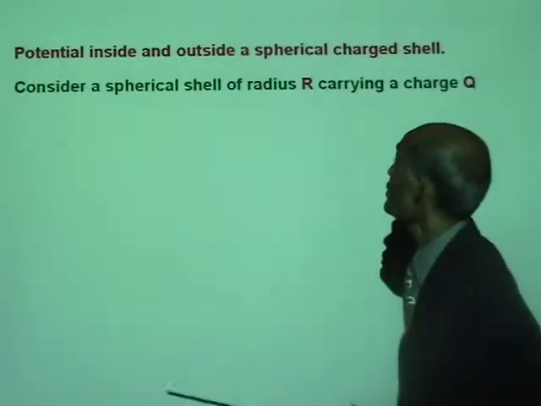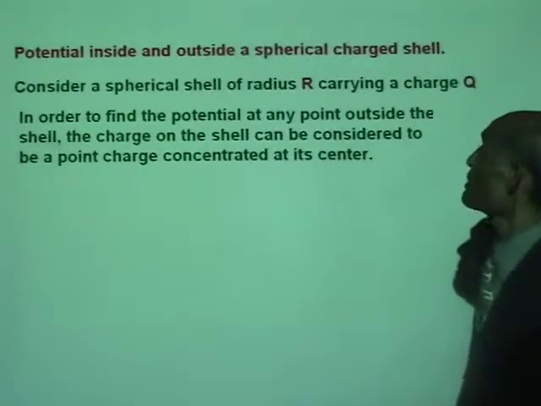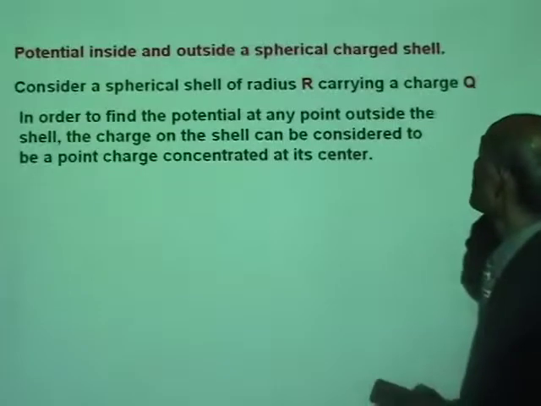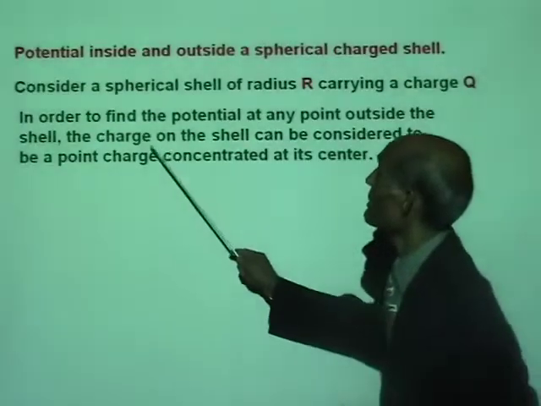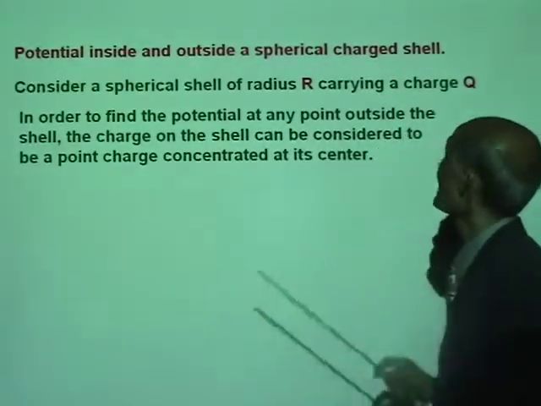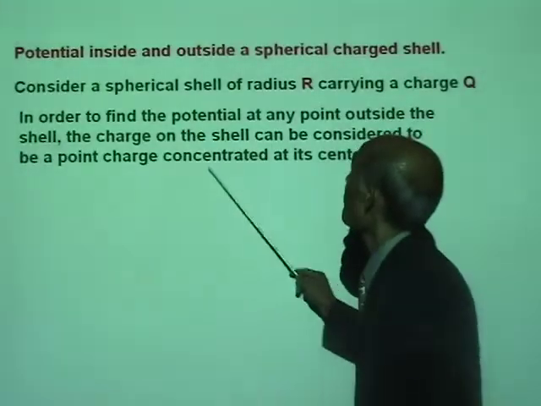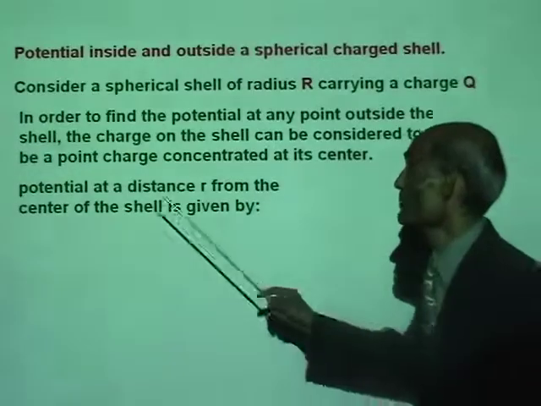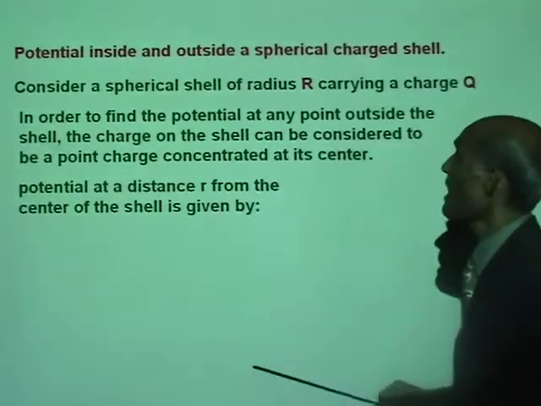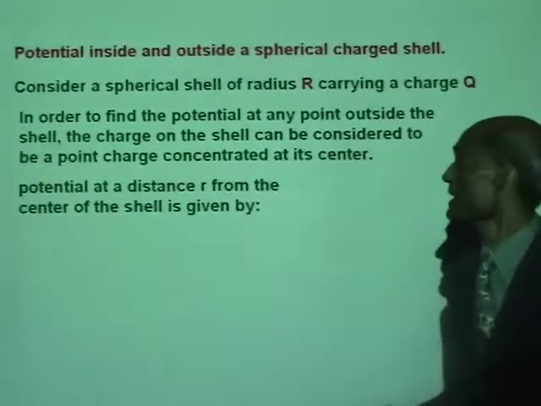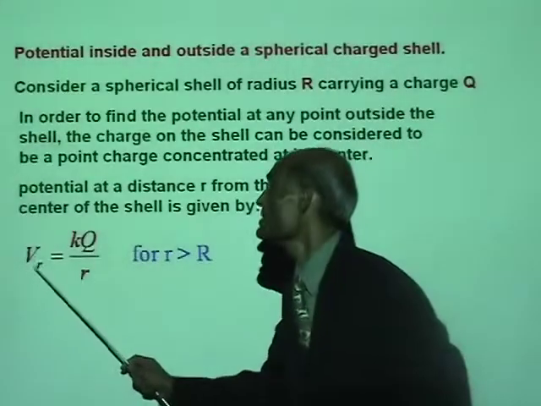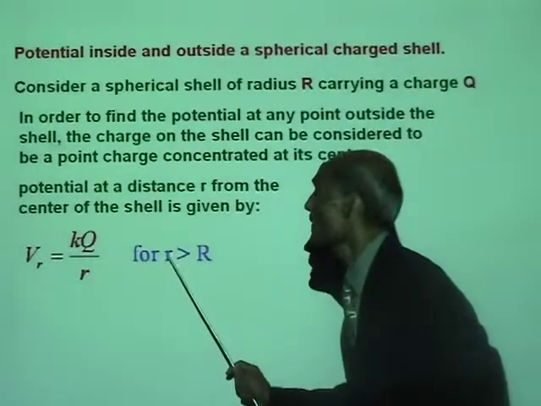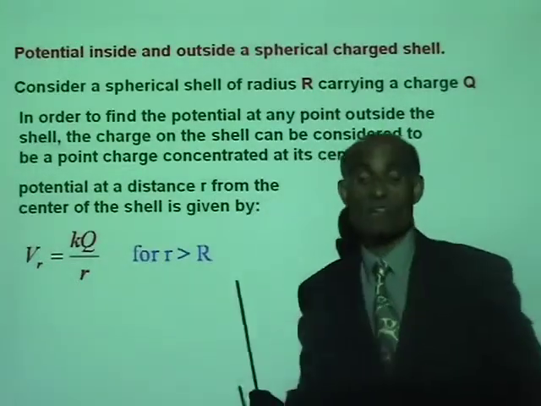Well, consider a spherical shell of radius r carrying a charge q. In order to find the potential at any point outside the shell, the charge on the shell can be considered to be a point charge concentrated at the center. The potential at a distance r from the center of the shell can then be written as V of r equal to KQ over r for any distance greater than the radius.